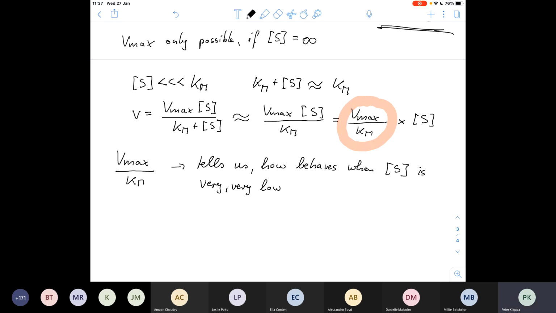When it's almost zero, and again, this gets then into conflict with the Michaelis Menten equation, but theoretically, we get this Vmax over Km when the substrate concentration is very, very low.